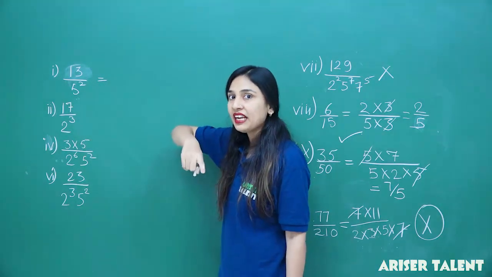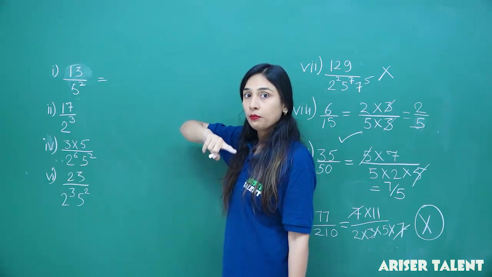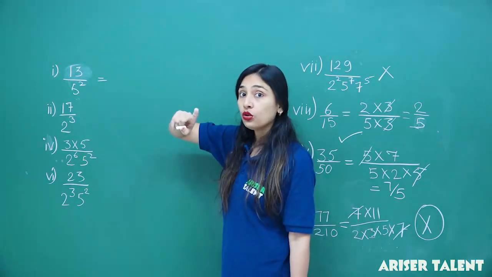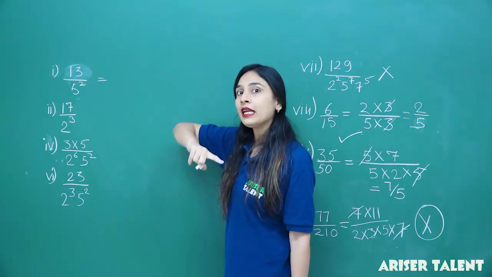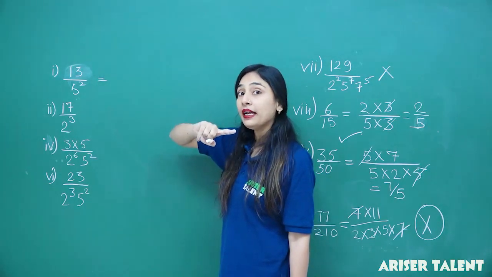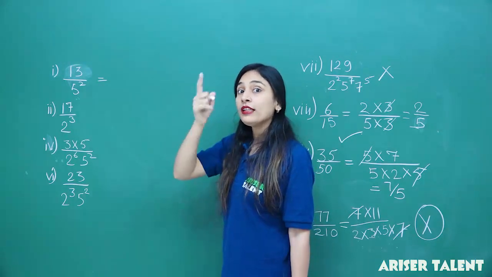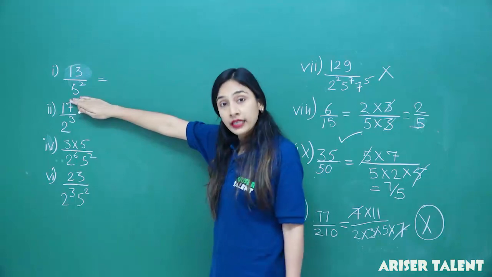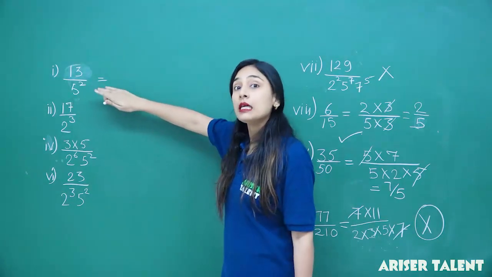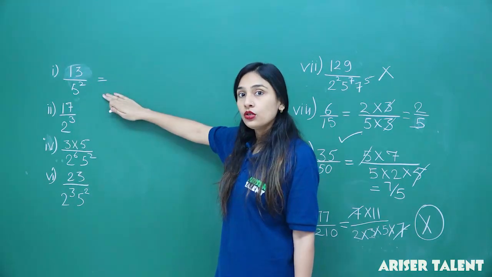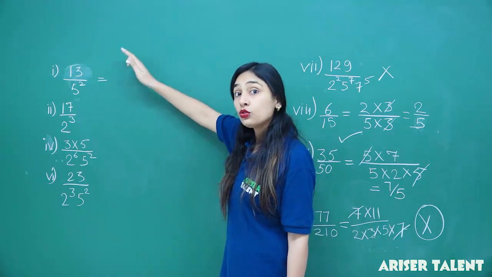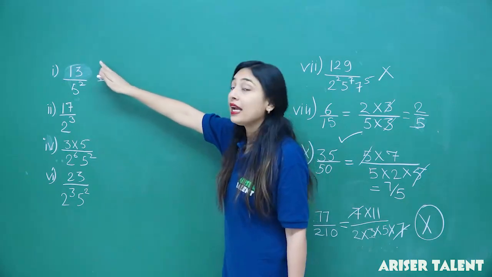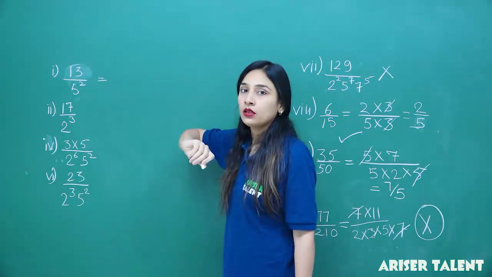So here you are having 2 times 5. So you will multiply it 2 times by 2. So that will be 2 raised to power 2. If you have to do it 3 times, you will be multiplying it by 2 raised to power 3. So when you multiply the denominator by some number, to balance it you also have to multiply the numerator with the same number.